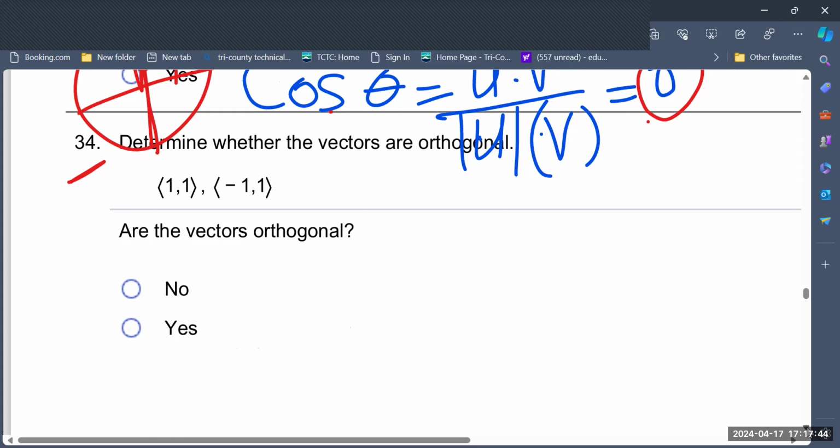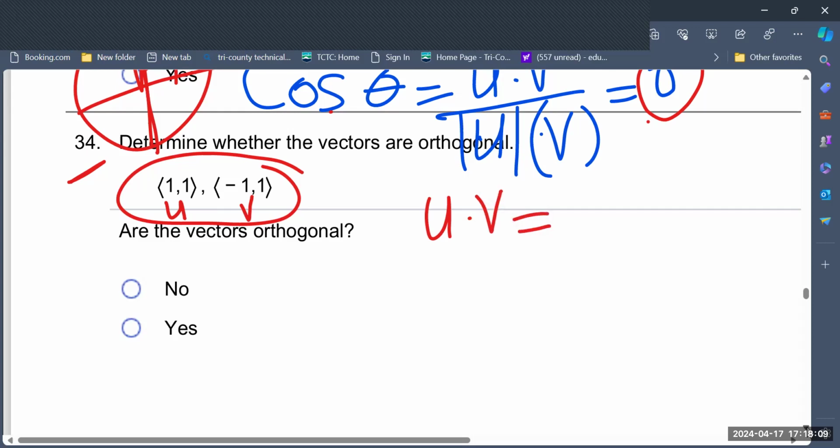Determine if the dot product of these two vectors is 0. Or another way of saying it, is the angle between them 90 degrees? Two ways of knowing it. I'm going to call this one vector u, call this one vector v, and then find u dot v.